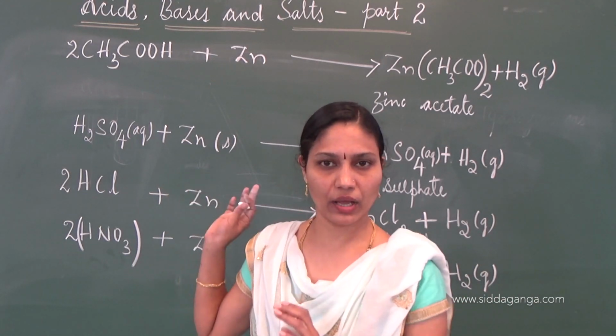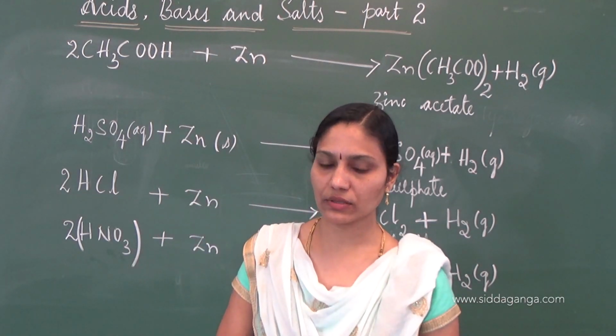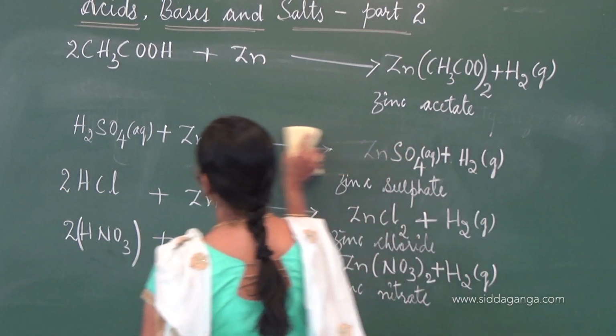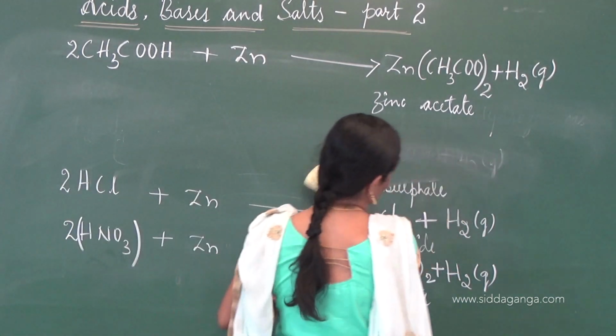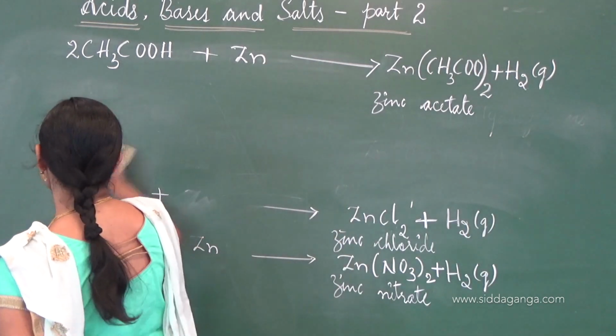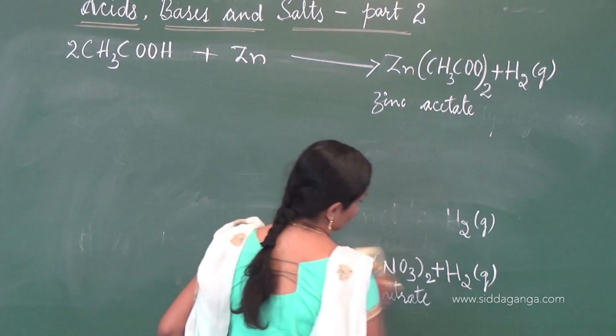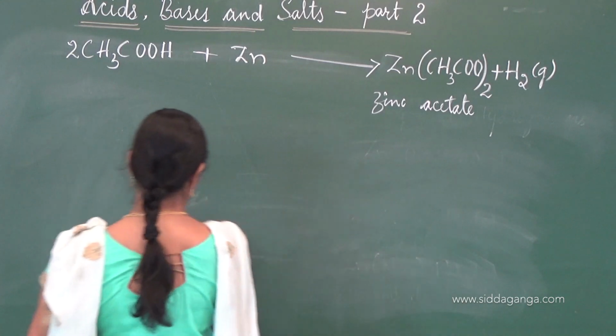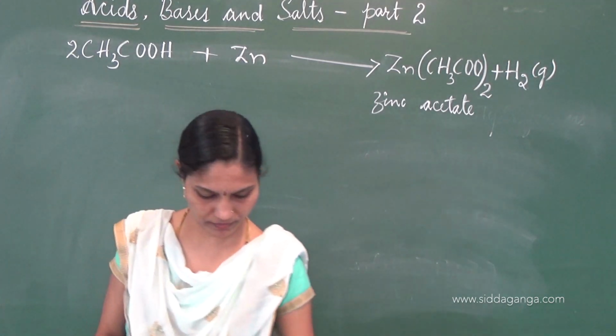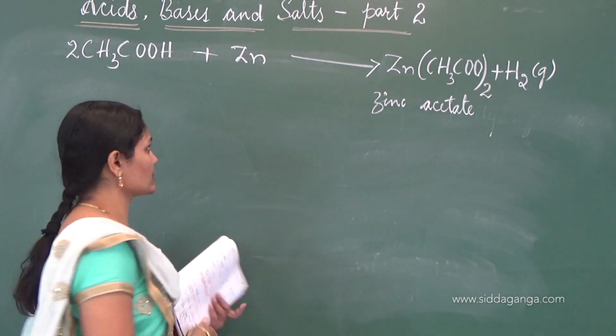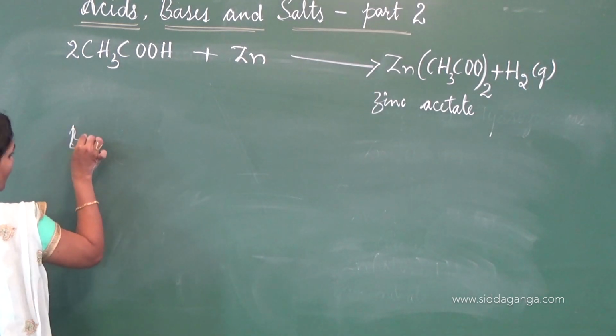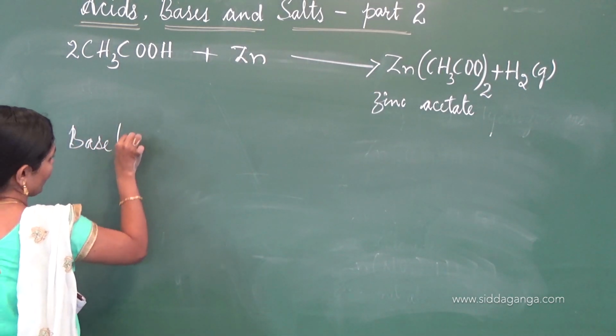So now we understood how acids react with metals. What about bases? Bases also react in a similar fashion, that is, they also generate hydrogen gas. Base, or to be more specific, we can write alkali.